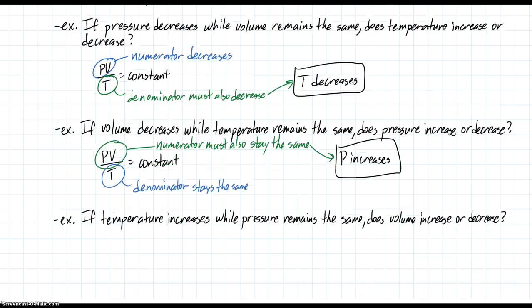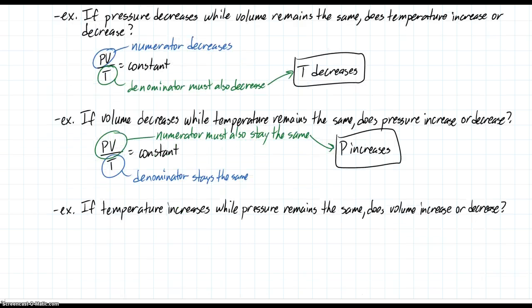And the final example that we're going to look at here, the temperature increases while the pressure remains the same, and we want to know if volume increases or decreases. So if the temperature increases, that means that the denominator increases.